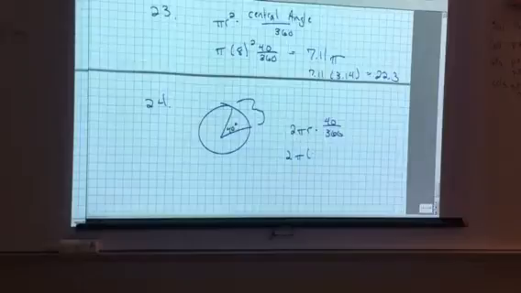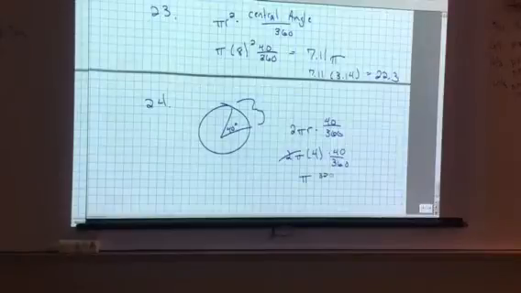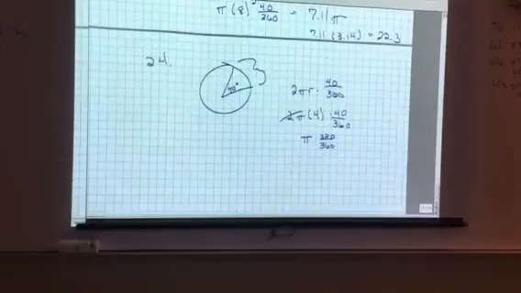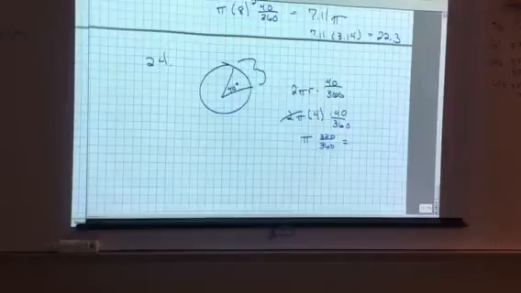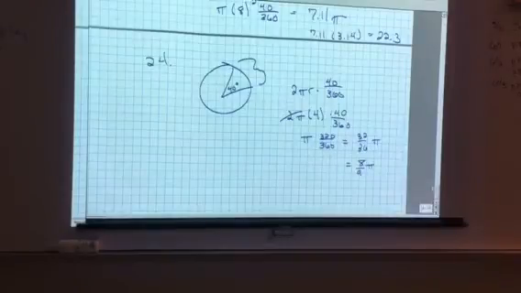The radius is 4, so 2 times 4 is 8, times 40 over 360. And then 8 times 40 is 320. So this is really like pi times 320 over 360. And 320 over 360 reduces down because 10 goes into each one of them. So you really have 32 over 36 pi. And then we can reduce that down because 4 goes into each one, so we get 8/9 pi is your answer. So C.